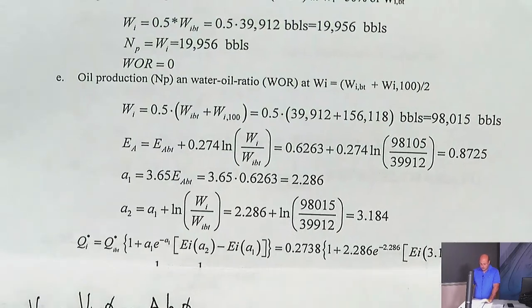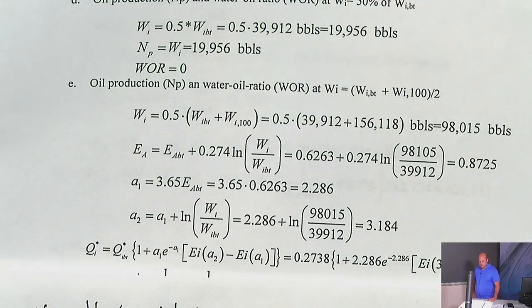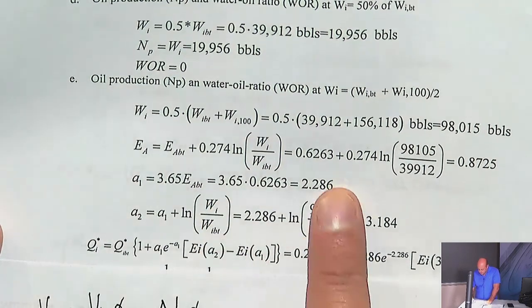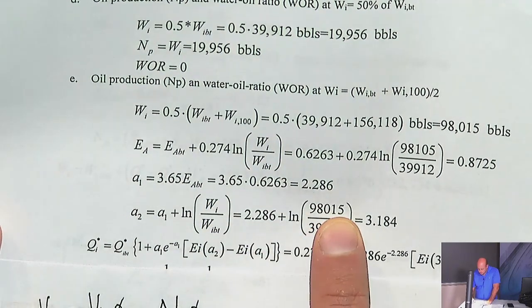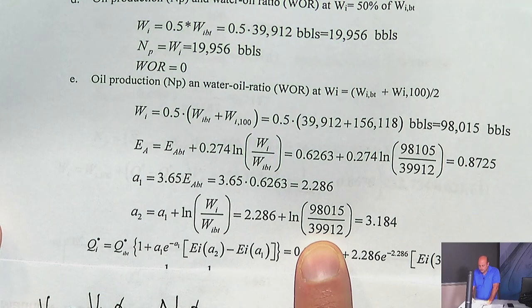Oh, it's a little ugly, so maybe the easier thing to do is to use that plot I gave you. And there were two plots. What you need to do is calculate WI over WIBT, which is 98,000 divided by 39,000. And if memory serves me correctly, that's about 2.5.